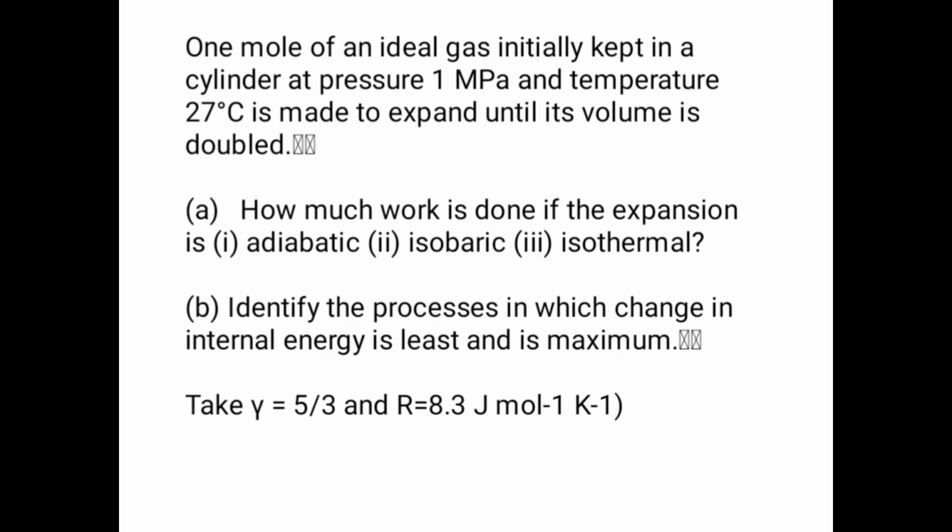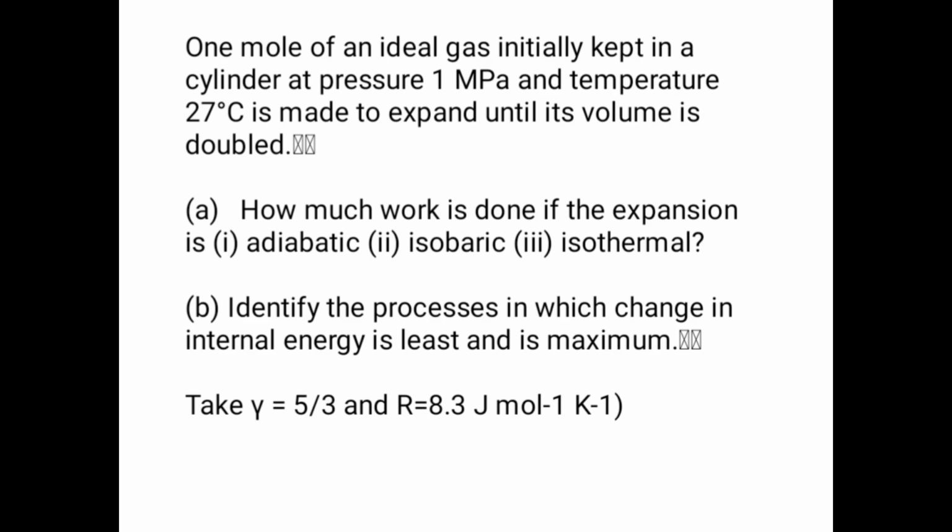Now let's see another question here. It says 1 mole of an ideal gas initially kept in a cylinder at a pressure of 1 megapascal at a temperature of 27 degrees Celsius is made to expand until its volume is doubled.